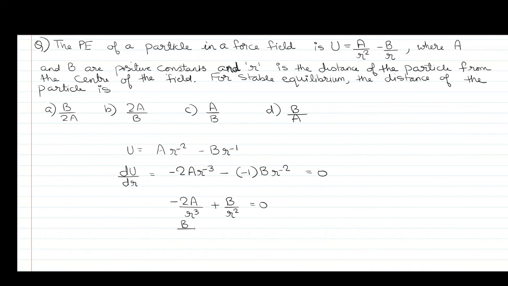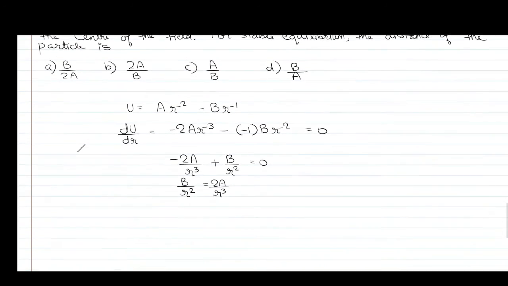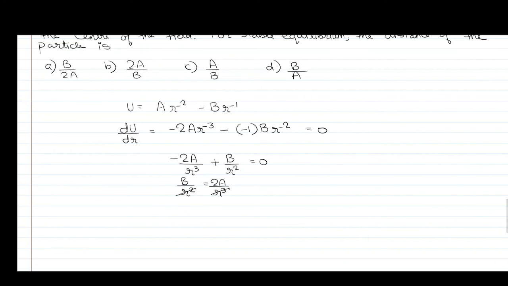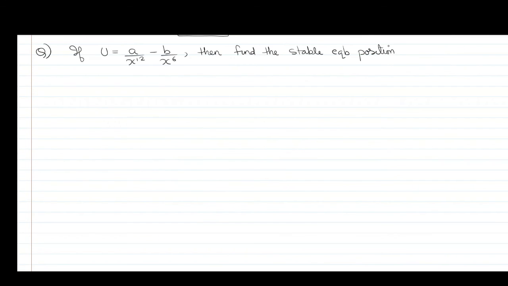So B upon r square is equal to 2A upon r cube. So we can simply cancel r square and we will get only 1 r. So r will be equal to 2A upon B. So the correct option will be option number B.